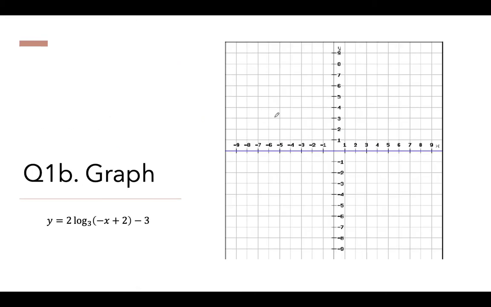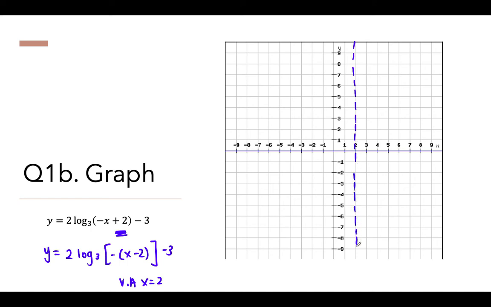So then we know that, if I were to factor it again, we do have a vertical asymptote at x is equal to 2. So at 2, I'm going to draw a dashed line. This is a line that we're not going to cross.